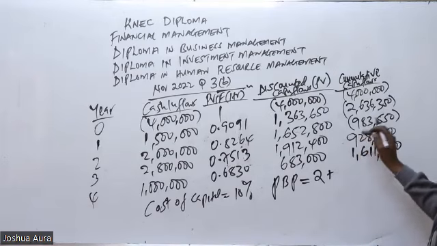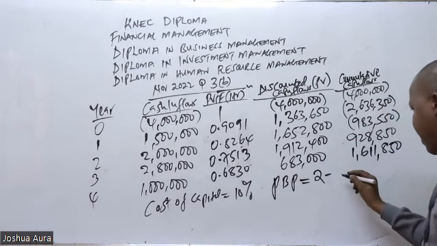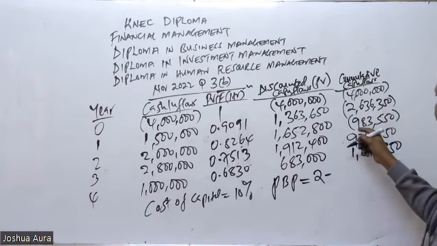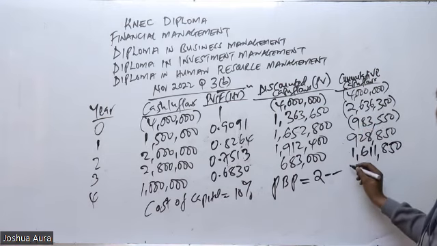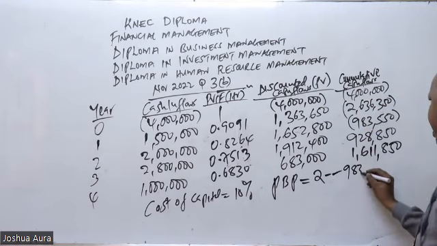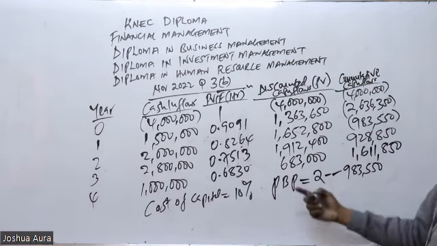We cancel it by introducing a negative sign here. Then we put the last negative figure, which is minus 983,550. So here a negative and a negative will give us a positive, the way we wanted it to be.